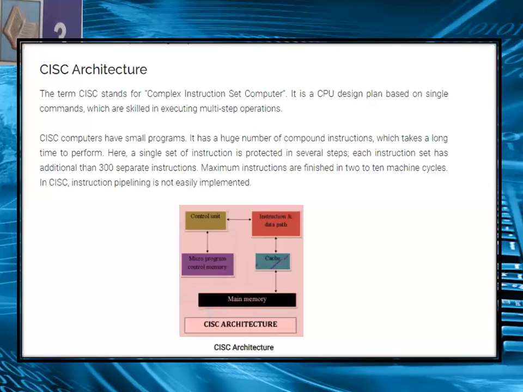Examples of CISC processors are the Intel 486 series and Pentium series. So CISC architecture is basically a complex architecture in which many addressing modes can be used, and it needs complex circuitry to decode the instructions.